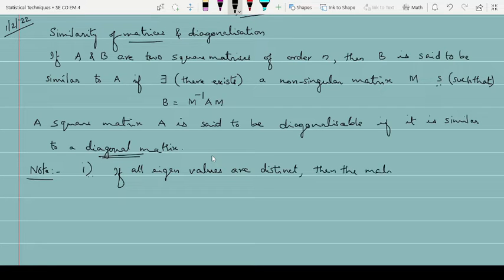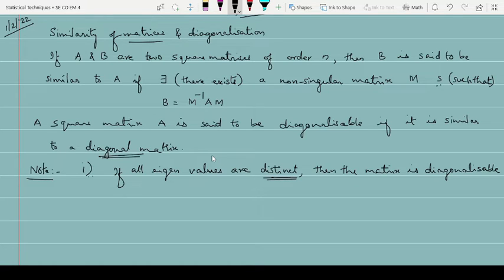Means when you are finding the eigenvalues, if all they are distinct, I think on that day I told you this one. Distinct means different. You are getting three different values, suppose lambda equal to 1, 2, 3. Like that, if you are getting different eigenvalues, then that matrix will be diagonalizable. Without any other method, directly you can write it.